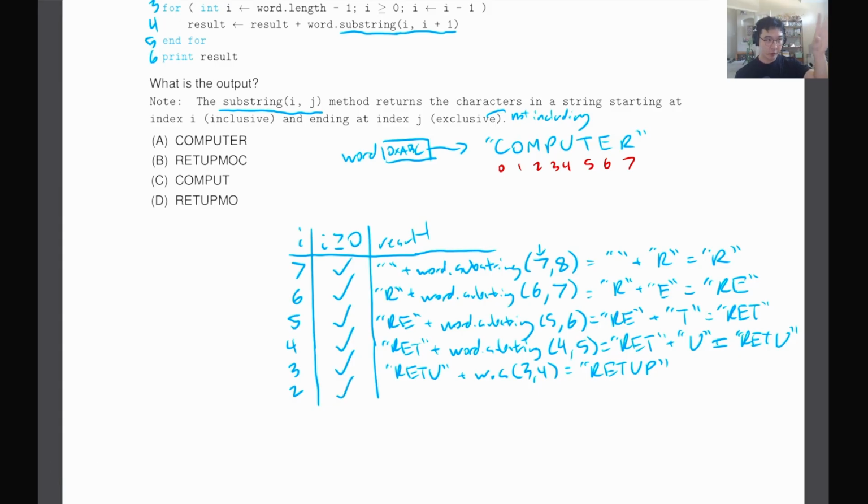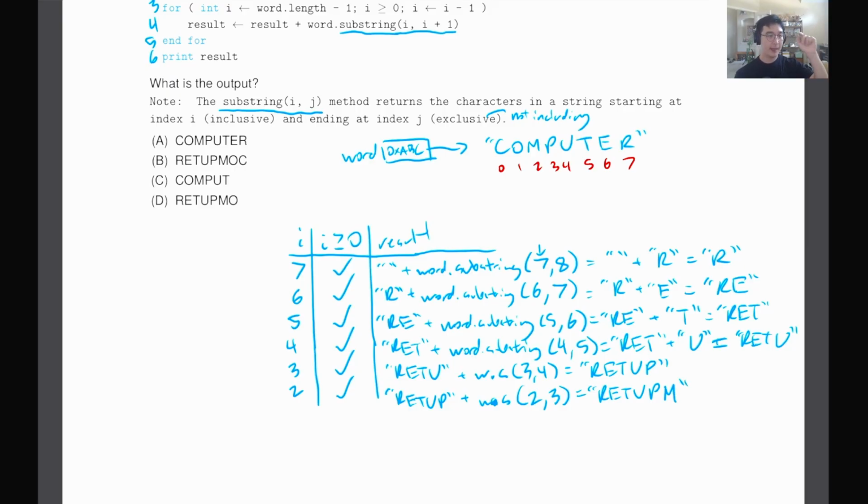Because the condition is true, I go inside the for loop on line 4, and I do result, which is RETUP, plus word.substring I and I plus 1. What is at index 2? It is M.